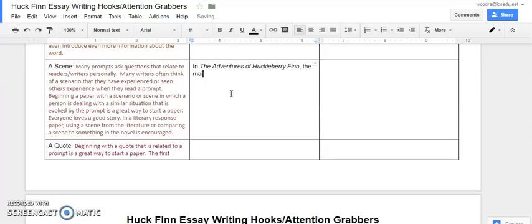All right, so in The Adventures of Huckleberry Finn, the main character, Huck Finn, seems to be a compulsive liar. He lies to Widow Douglas about going to school.